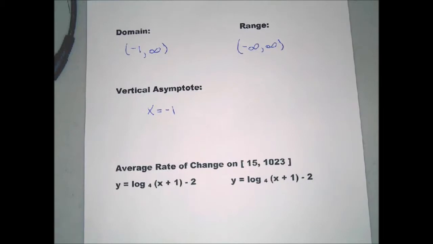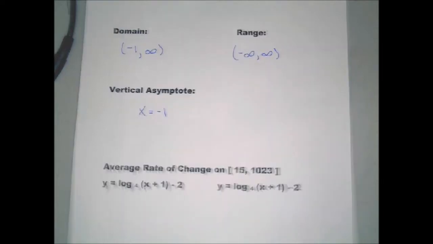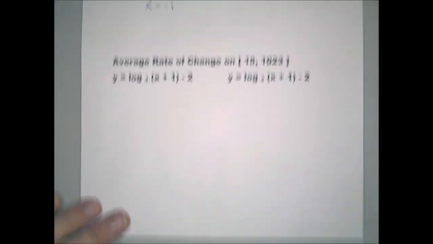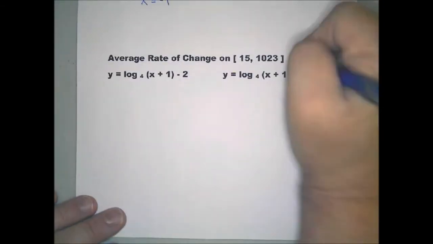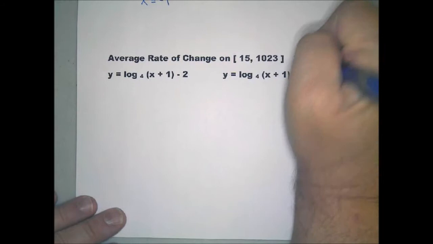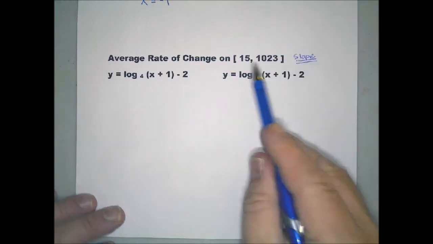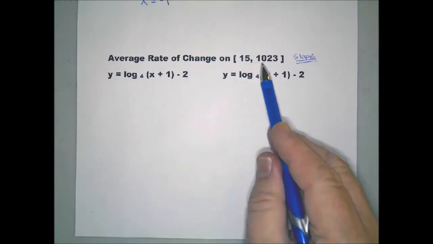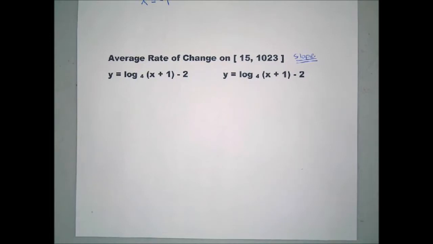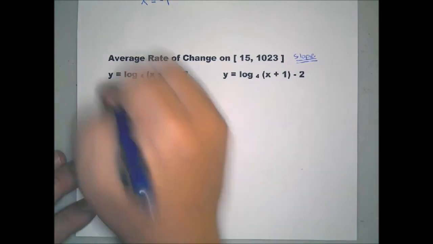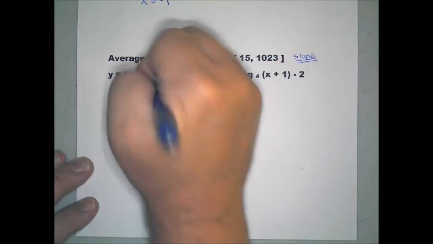Now, here's a new problem. What would be the average rate of change from when x equals 15 to when x equals 1023? This is really just a matter of slope using these two values of x. And I promise you the numbers are going to work out very nicely.